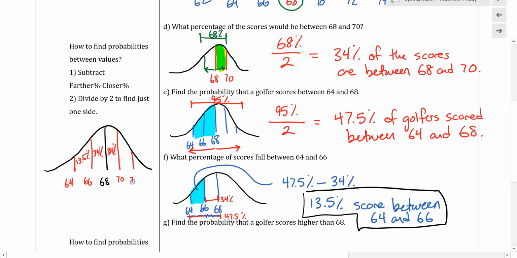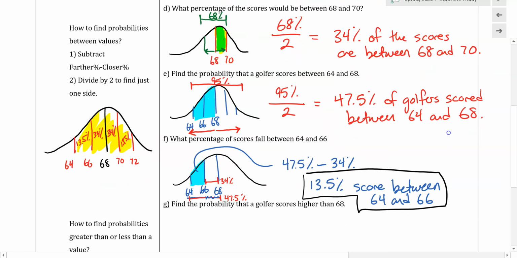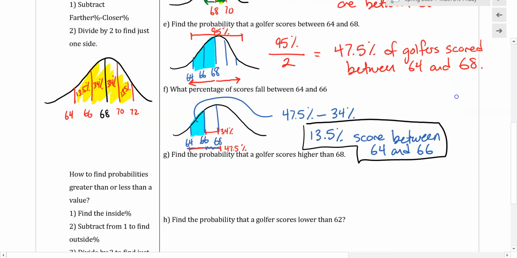It's the same as this sliver over here, 13.5%. Sorry, that's getting real small. If I were to add up all of these, what should they add up to? They should add up to 95% because I went two standard deviations left and right. All of those should add up to 95%. Okay, let's keep chugging along.